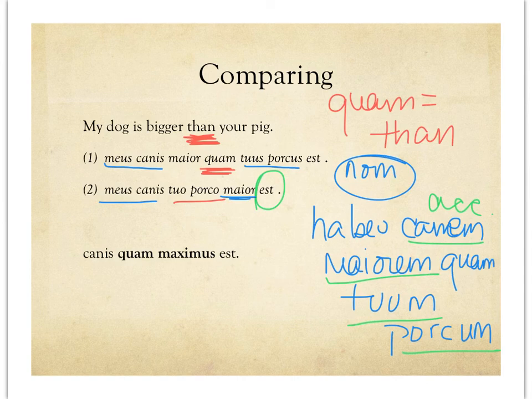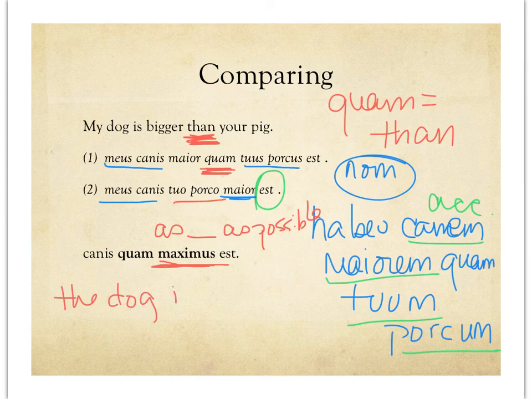The final thing that we can do with quam is that quam can also sometimes be with a superlative instead of a comparative. And when you see quam plus a superlative, it always means as blank as possible. So here, the dog is quam maximus, as big as possible.